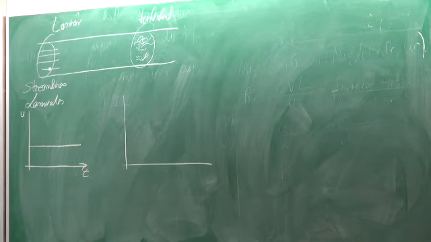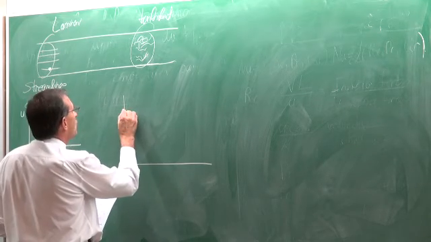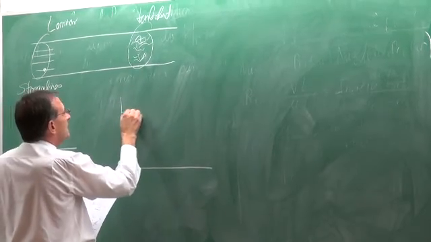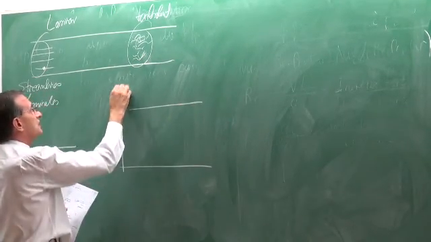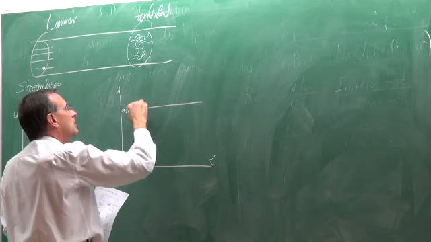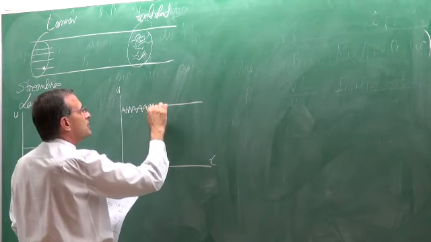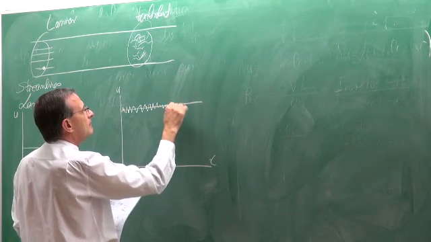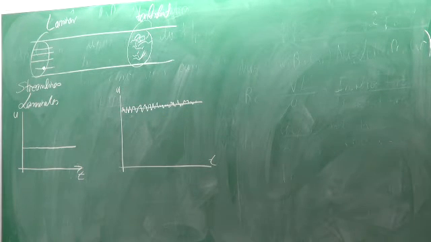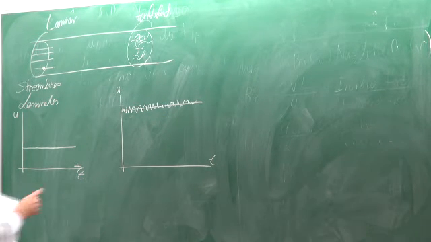It will be perfectly constant. Okay? Well, if the flow is turbulent at a specific point, then the average will be constant. However, on that average value, we will have all these fluctuations of the velocity.